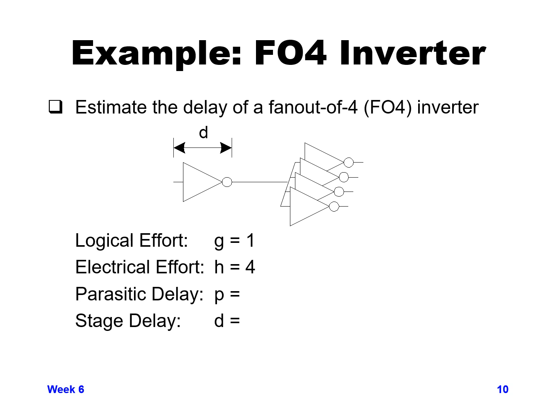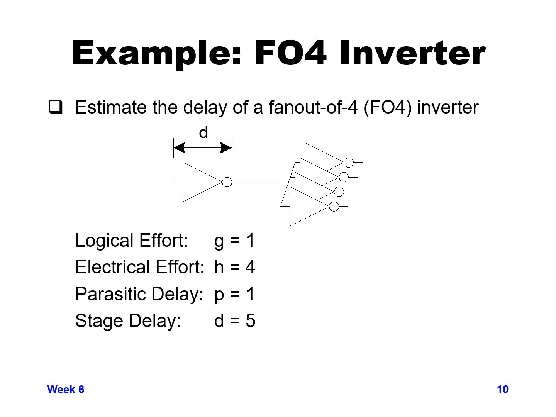Our parasitic delay, again for an inverter, is 1. So our overall stage delay is G times H plus P. G times H is 4, plus P is 1, 4 plus 1 is 5. Our stage delay is going to be a delay of 5.